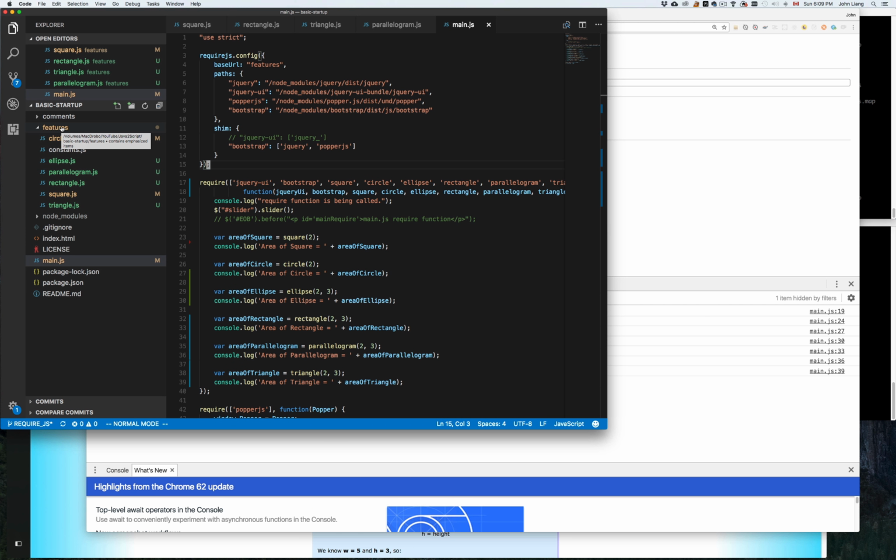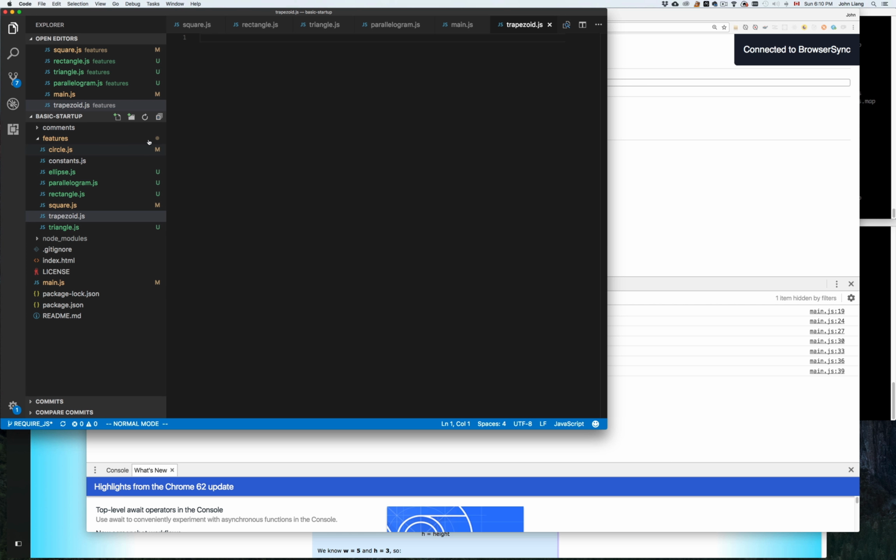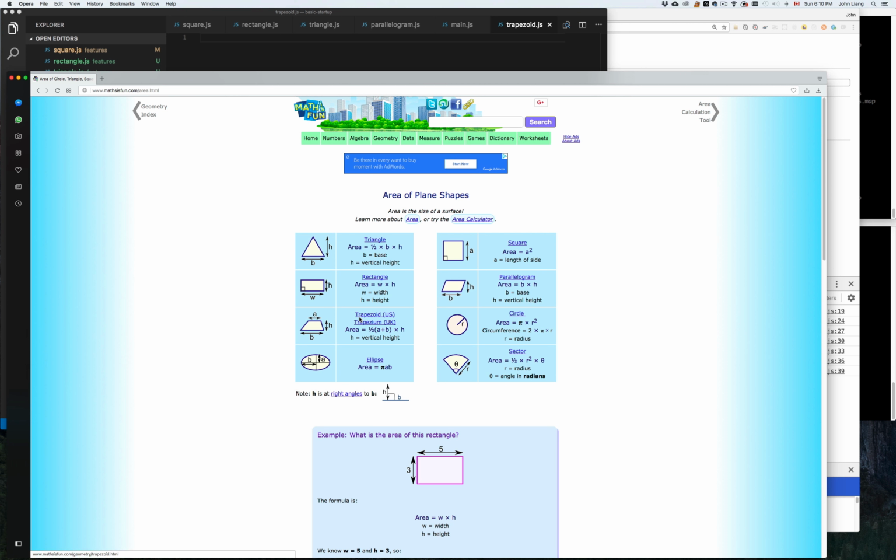Let's build a trapezoid. Trapezoid.js. Okay, so again, the trapezoid.js is reusing parallelogram. So in here, what we have is the half of A plus B, the top and the bottom, which is the base.